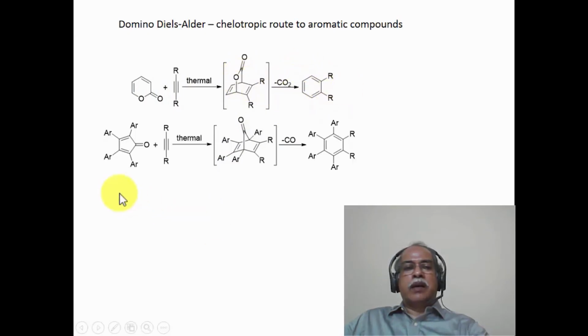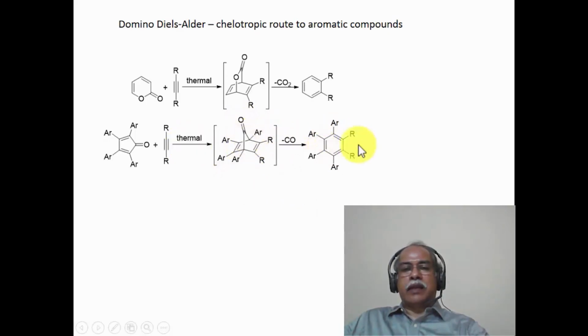On the other hand, tetraphenylcyclopentadienone, which is known as tetracyclone, can also undergo Diels Alder reaction with an acetylene. The intermediate 2,2,1 bicyclic system is very unstable. It undergoes decarbonylation reaction by the loss of carbon monoxide. This is a cheletropic reaction. So, under the thermal heating condition, this is an unstable compound.